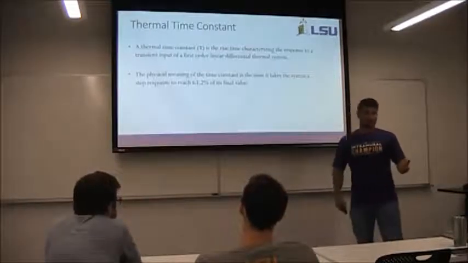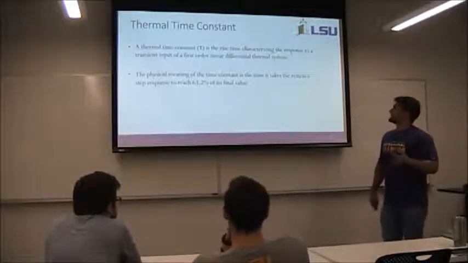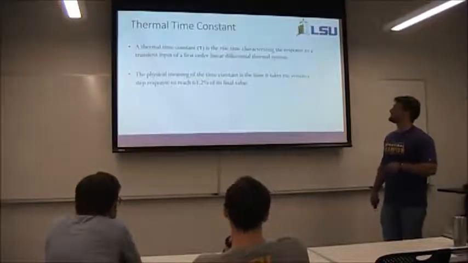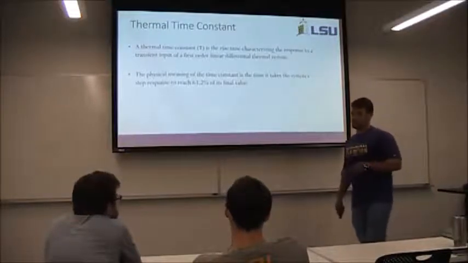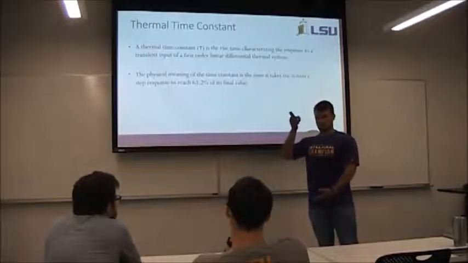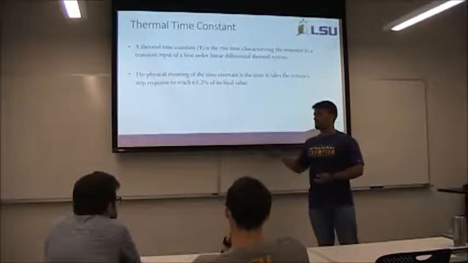So what's a thermal time constant? A thermal time constant is the rise time characterizing the response to any transient input. So you have a step function, and you want to figure out what that slope is and compare it to another one, and you do that by using a time constant.